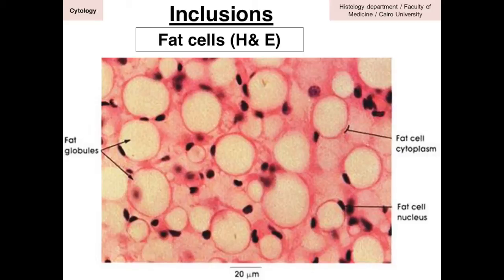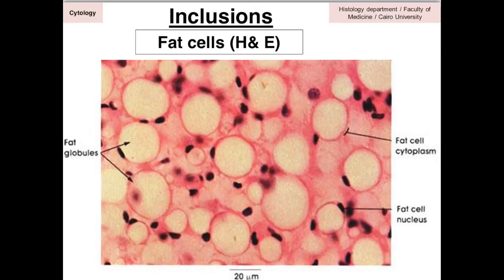As an inclusion, it is the picture of the fat stored in the fat cells, but here it is stained by hematoxylin and eosin. Here, due to the dissolving of this fat inside the cytoplasm during the preparation of the section, the fat will appear as empty white spaces.